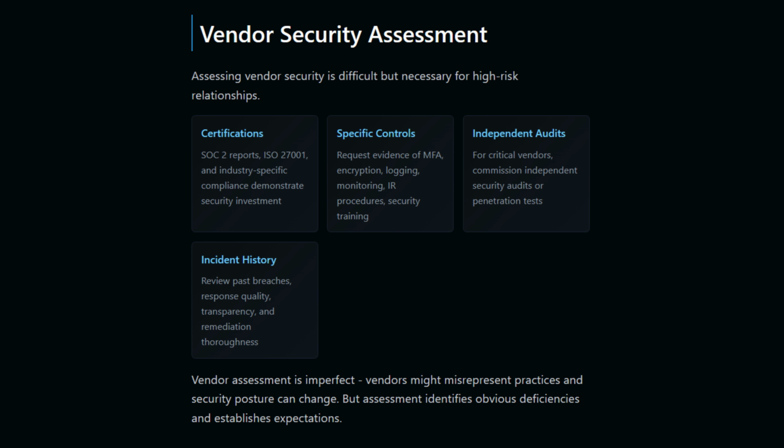Review the vendor's security incident history. Have they been breached before? How did they respond? Were they transparent and thorough in remediation? Understand that vendor security assessment is imperfect. Vendors might misrepresent their practices. Security posture can change after assessment, but assessment is still valuable for identifying obvious deficiencies and establishing security expectations.